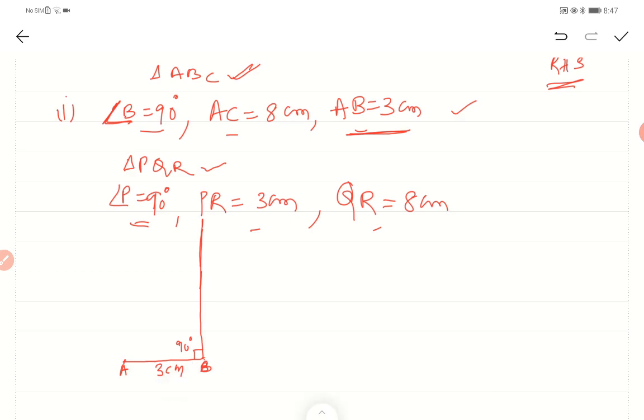From here you keep the pointed end, and with the pencil you have fixed, you measure 8 centimeter on the scale and cut the line. This is 8 centimeter. Suppose I have drawn my triangle ABC. Now let's draw triangle PQR.